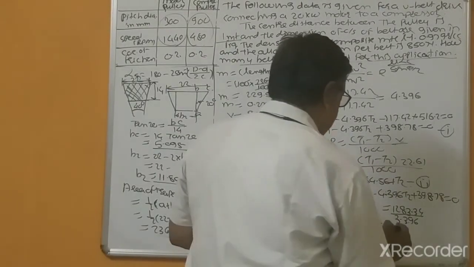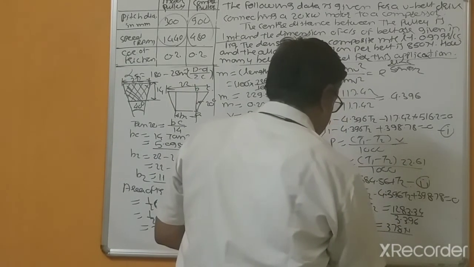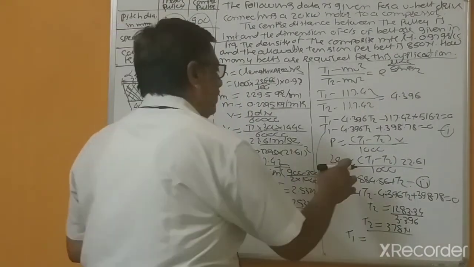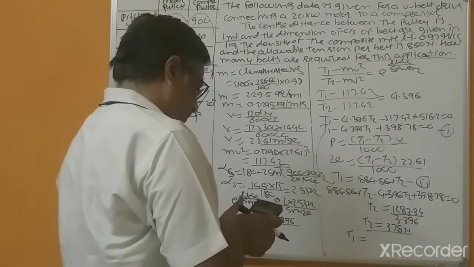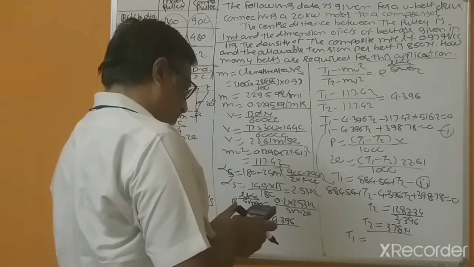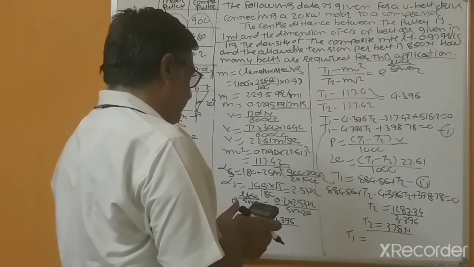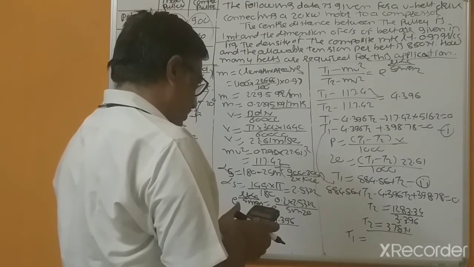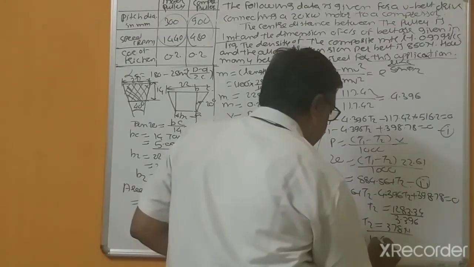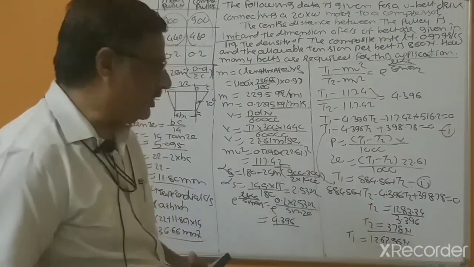This is equal to approximately 378 Newton. So T1 equal to 378 plus 884.56 equal to 1262.56 Newton. So this is the maximum tension.